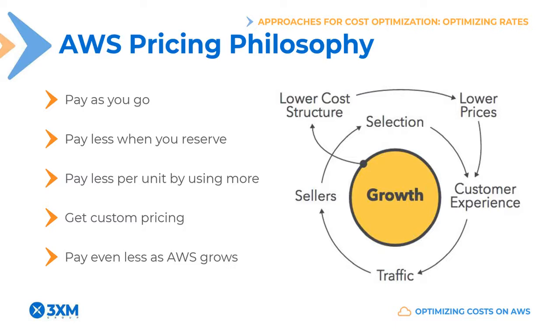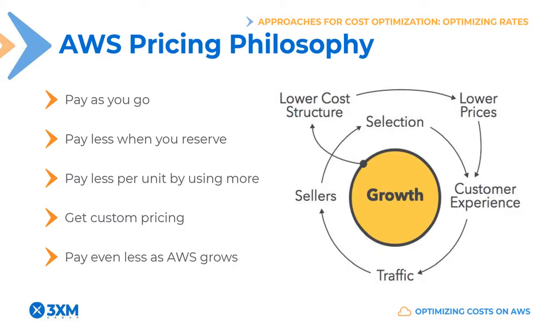But you can commit to a certain amount of usage by reserving, and you can pay less by reserving. For certain products like EC2 and RDS instances, you can invest in reserved capacity. This way, you can get a significantly discounted hourly rate, which can result in overall savings as high as 70%, 72% in some cases.